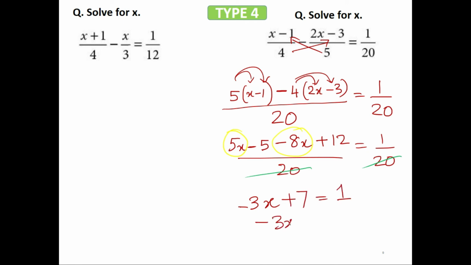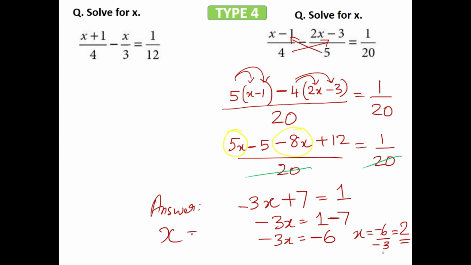So negative 3x is going to be 1 minus 7, because this plus 7 goes to the other side. So I have negative 3x equals negative 6. And x is going to be negative 6 over negative 3, giving me a 2. So my answer will be x equals 2.